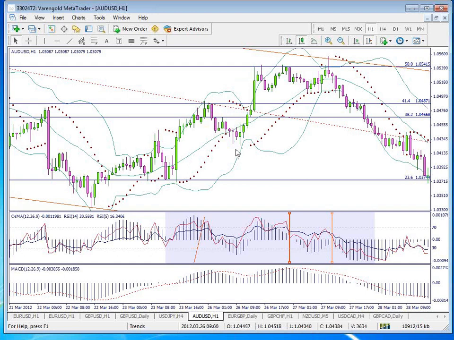The pair went just for a short period into a downtrend, but quite good for one trade. 50 pips, 55 pips is okay for one trade.